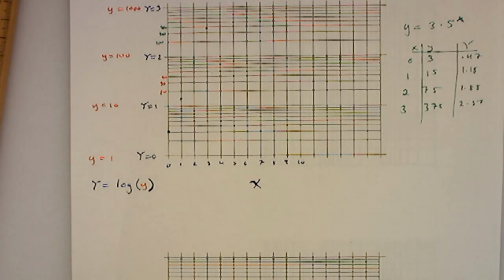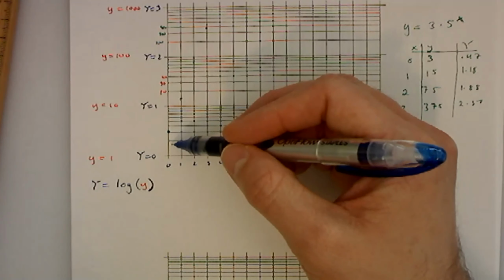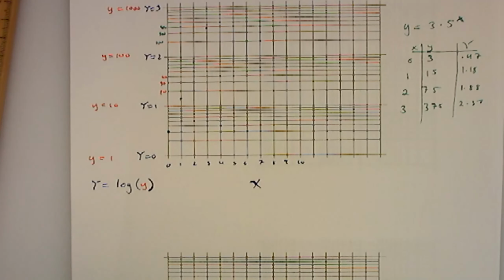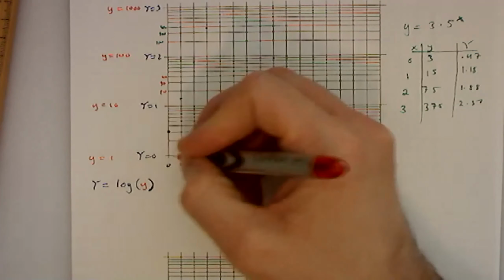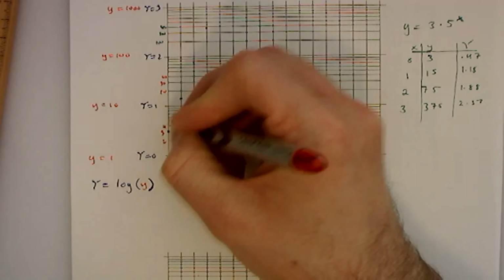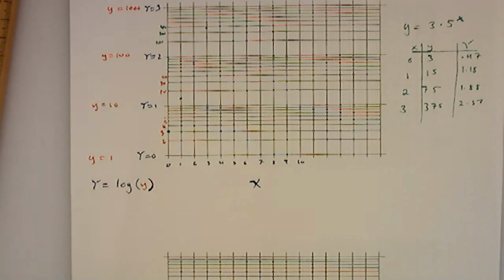Each of these horizontal lines represents an increase in the value of our regular variable y. I kind of switched my colors, unfortunately. If I'm looking at y equal to 3 to the 5x, this here is y equal to 1. This is y equal to 2, 3, 4, 5, 6, 7, 8, 9, all the way up to 10.